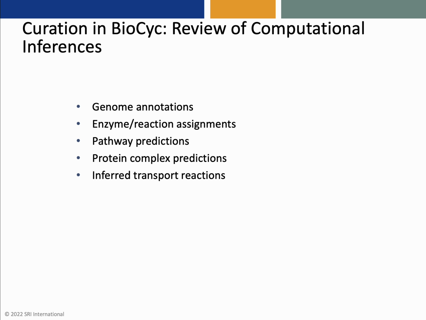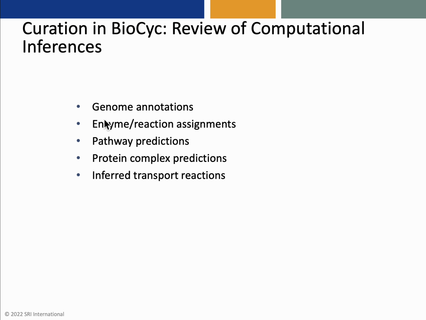Now for BioCyc, essentially when we curate a new database, we typically will take on curation of one organism at a time and do a really in-depth curation of it, where the first stage is reviewing computational inferences done by BioCyc when the database is created.